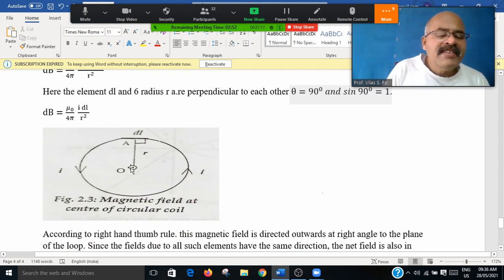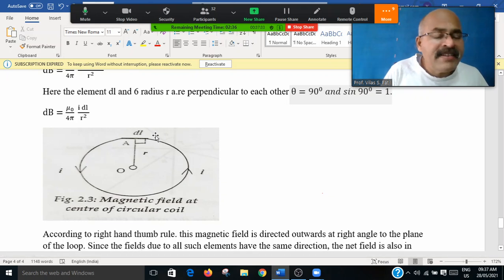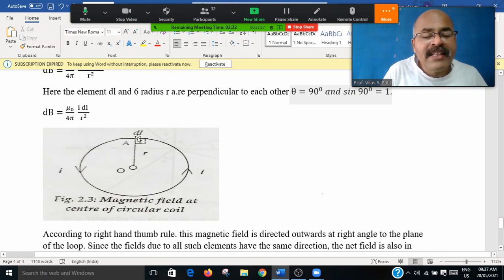See here, this is the center O, this is the radius, and the current flows in the anti-clockwise direction. I have taken a small element of this conductor, and consider that element to be of length dl.